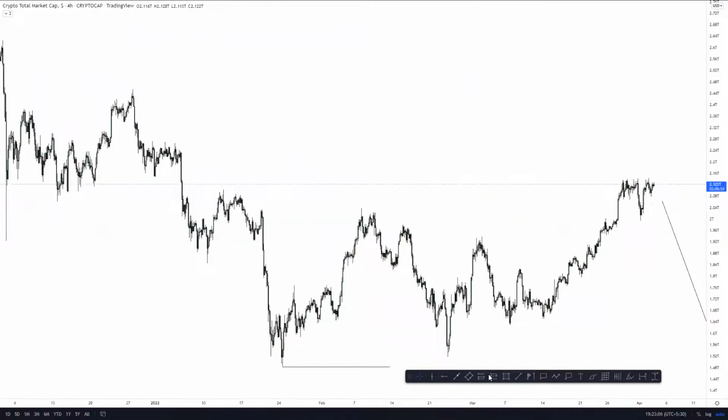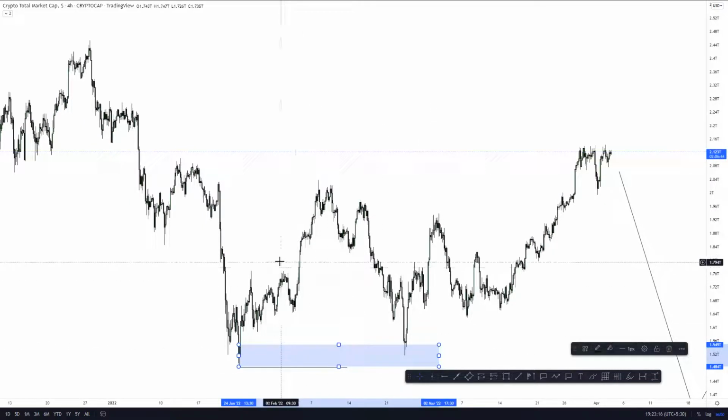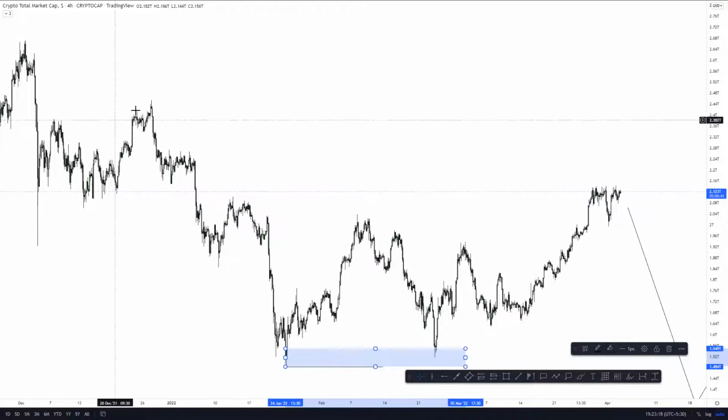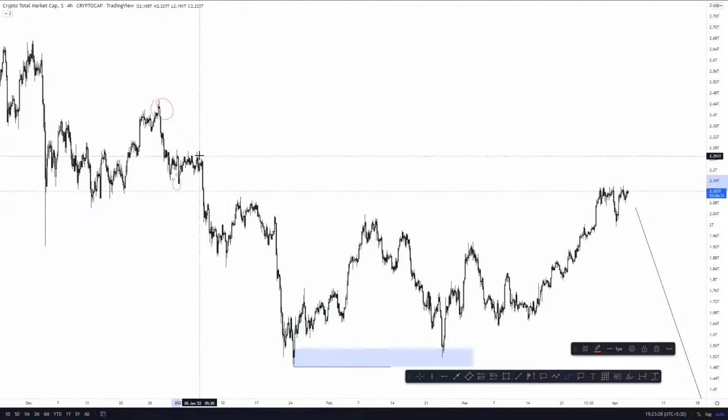What happened here is price just came here and reacted to this order block. Why did it react to this order block? Because we had higher highs, higher lows, higher highs, higher lows, higher highs, then again higher lows, then again a higher high somewhere around here, higher lows, then again higher highs, then again higher lows.